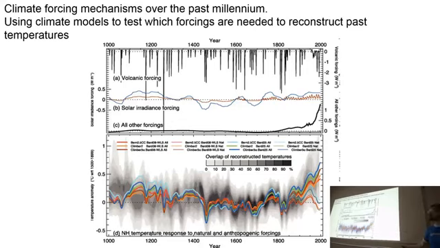Without that forcing, we can't explain the temperature record. So to explain the temperature record, you need anthropogenic carbon dioxide forming a big part of the reason for change.